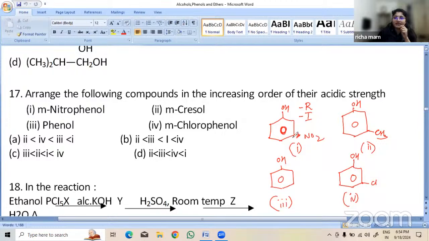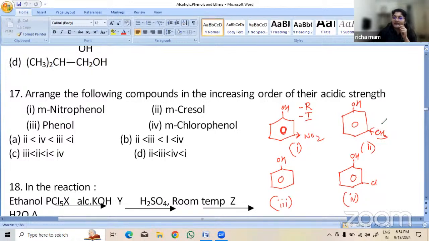So nitrophenol is more acidic than your phenol. Now, when you see the methyl group, what will a methyl group do? It will not stabilize the phenoxide ion, it will destabilize the phenoxide ion.